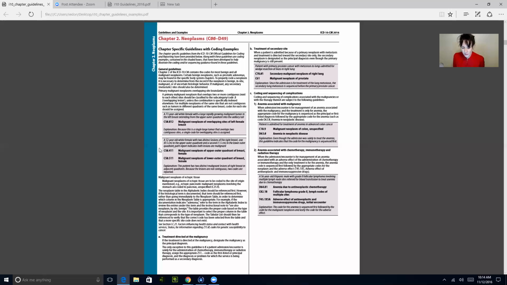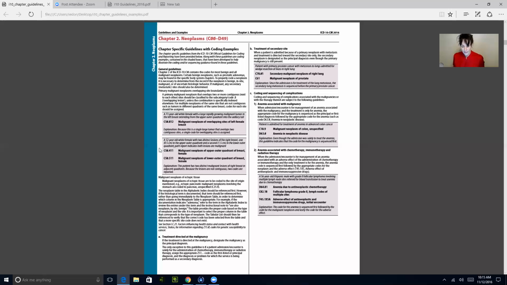So, a 56-year-old Hispanic male with a grade 2 follicular lymphoma involving multiple lymph node sites is referred for blood transfusion to treat anemia due to chemotherapy. In this example, our anemia due to antineoplastic chemotherapy is coded first, followed by our lymphoma, and then our adverse effect code.